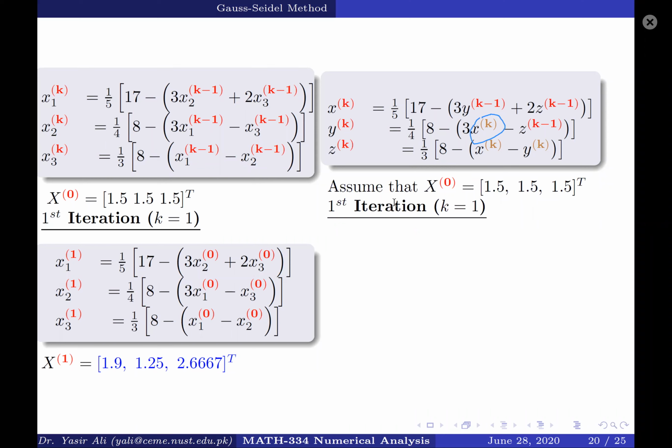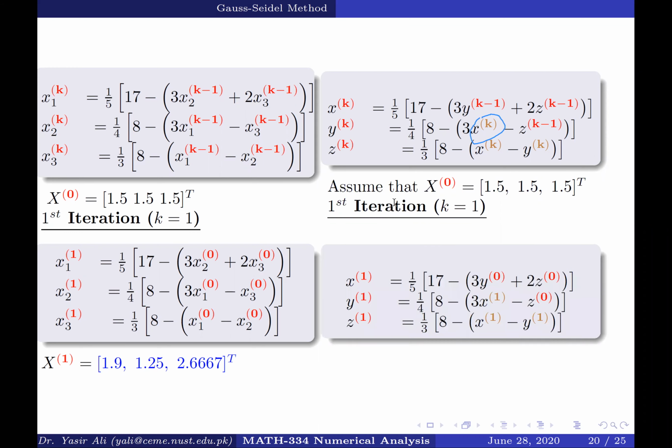So similarly, we assume that the initial guess is 1.5, 1.5, 1.5. We will use these values, and you can see how we use them. For y naught, I have used 1.5, and for z naught, which is not updated so far, I have used 1.5 to compute my x1. So I have some value of x1 now.